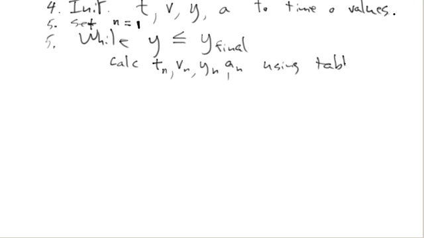Table above. And I think that's it. So end that while loop. Return T sub n.